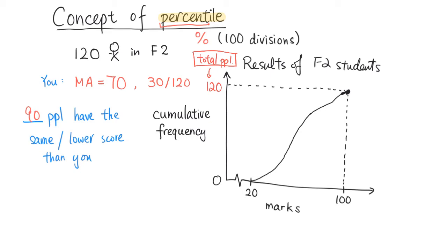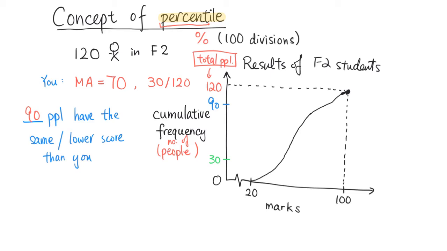Remember the vertical axis is talking about the number of people. When you rank 30th, or 90 people have the same or lower score than you, where are you on the vertical axis? Are you at the 30 line or the 90?